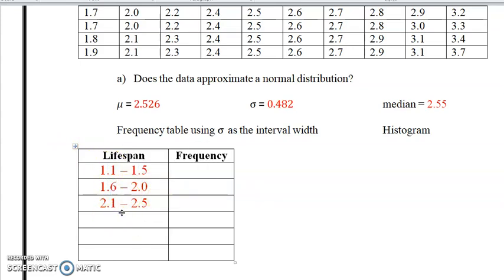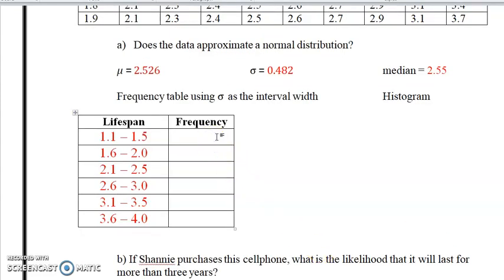It's up to you. It really doesn't make a difference, to be honest. 2.6 up to 3.0. 3.1 up to 3.5. And 3.6 up to 4.0. Okay? Then the frequency, how often that occurs.